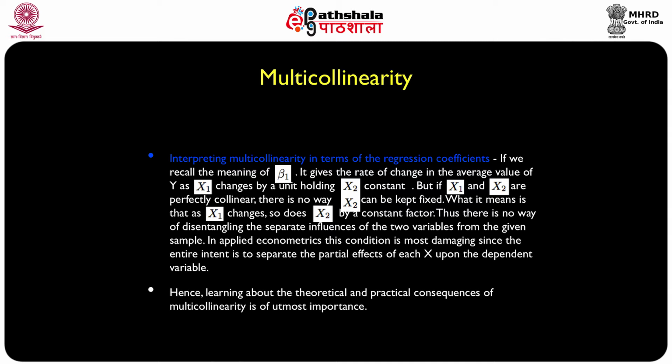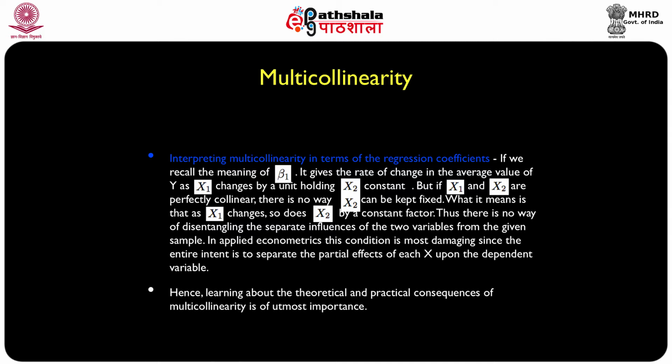But if x1 and x2 are perfectly collinear, there is no way x2 can be kept fixed. What it means is that as x1 changes, so does x2 by a constant factor. Thus, there is no way of disentangling the separate influences of the two variables from the given sample.